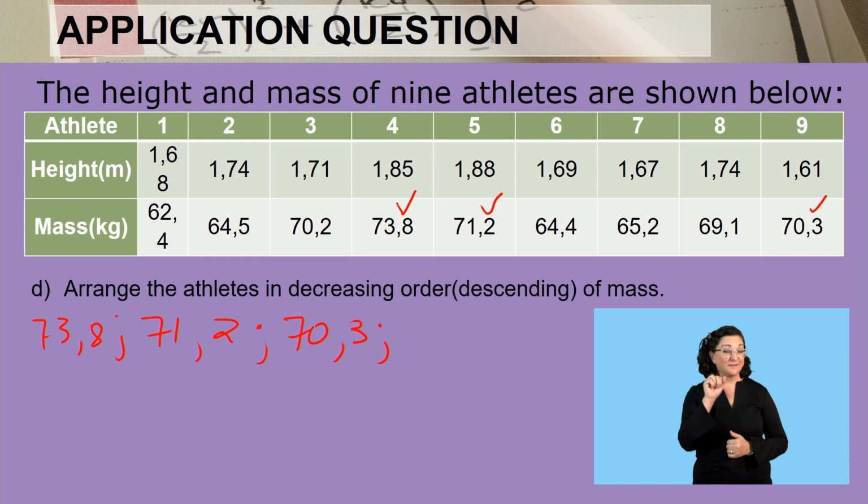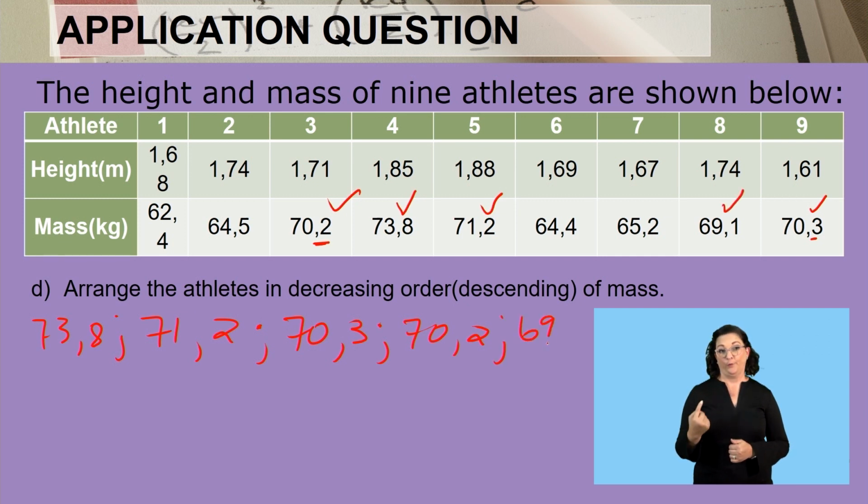And I can hear you saying, this is wrong, it should be 70.2. No, because this is actually smaller than this. So we start with 70.3 and we move to 70.2. And we tick it off and we move to 69.1.